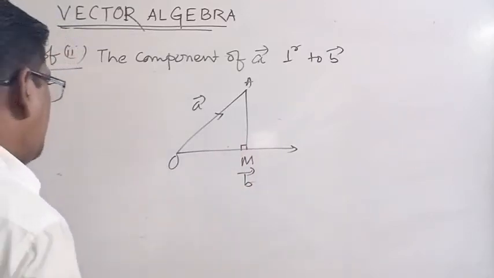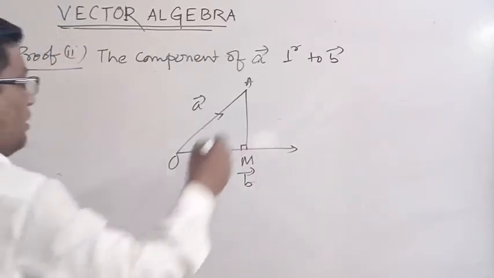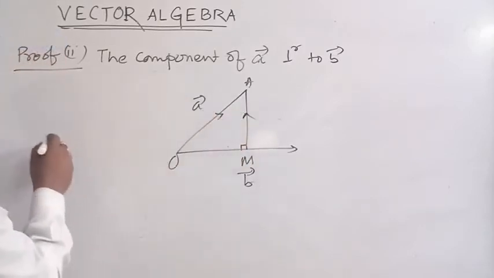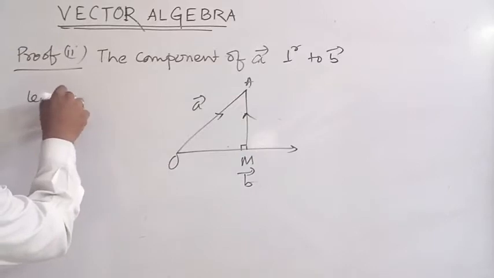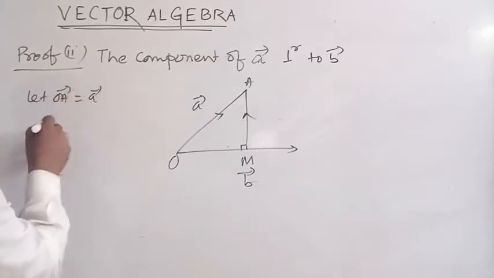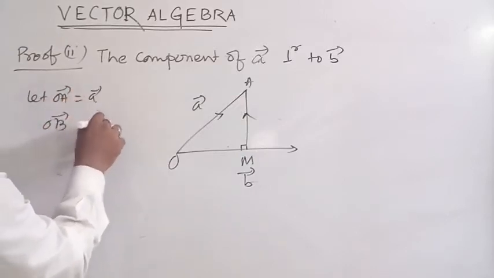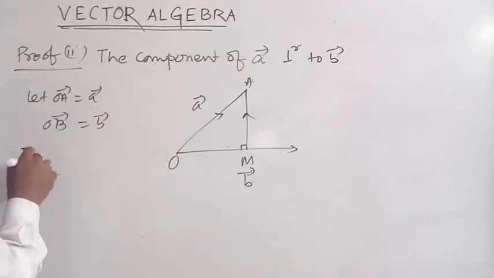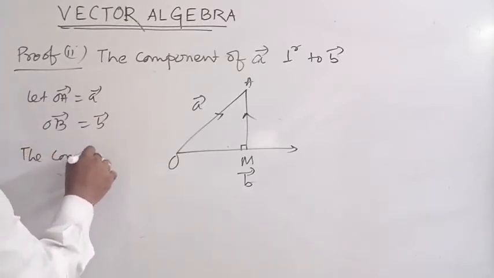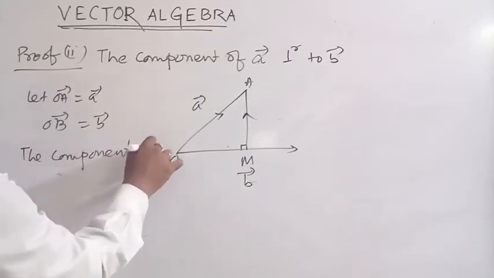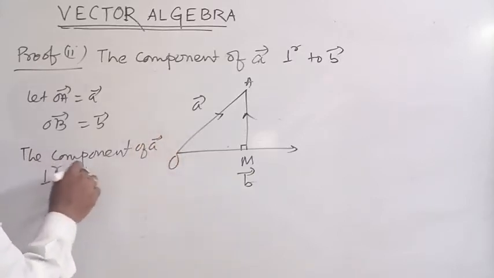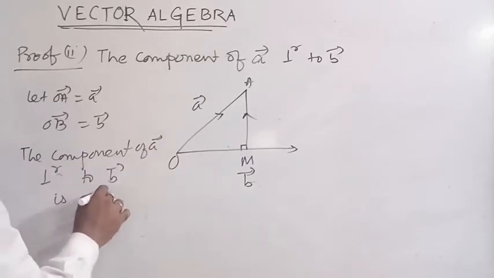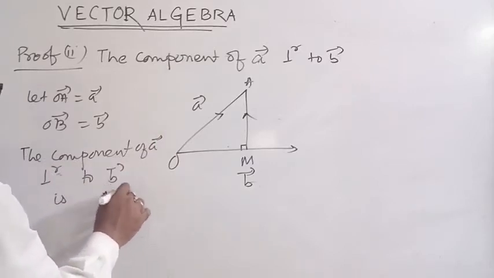So let OA be equal to A vector, OB equal to B vector. Now the component of A perpendicular to B is the MA vector.